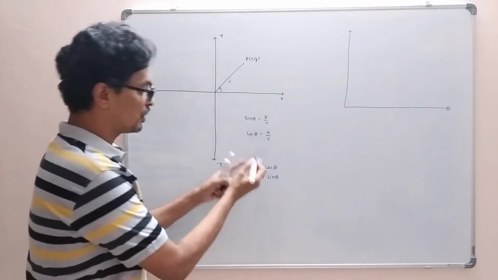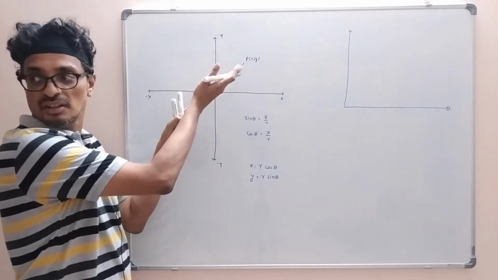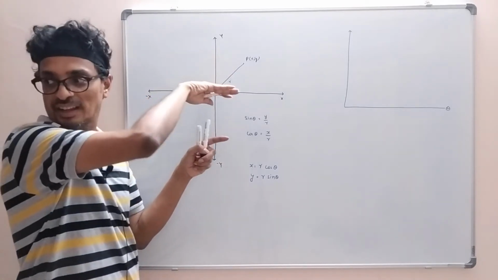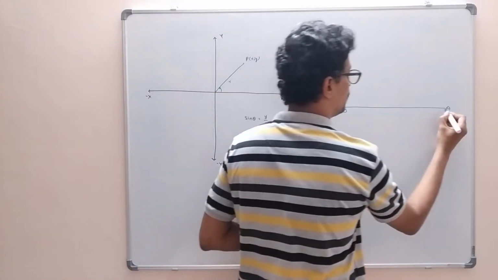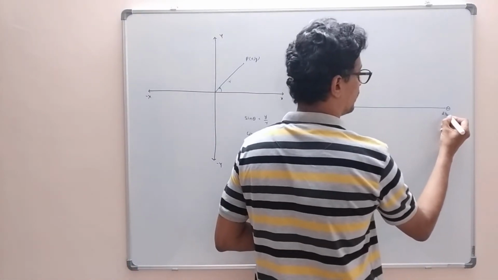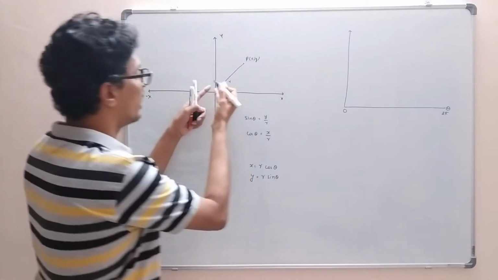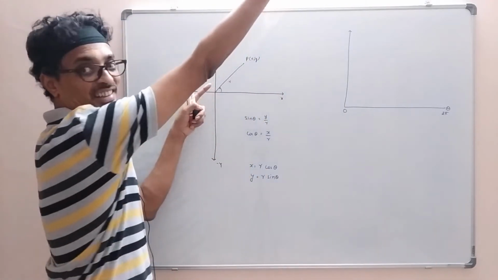So what will be the angle of theta? How much can it go? 360 only, 2 pi, right? Because I am going to repeat the same thing. So this is going to go from 0 to 2 pi, and r can go up to infinity, correct?